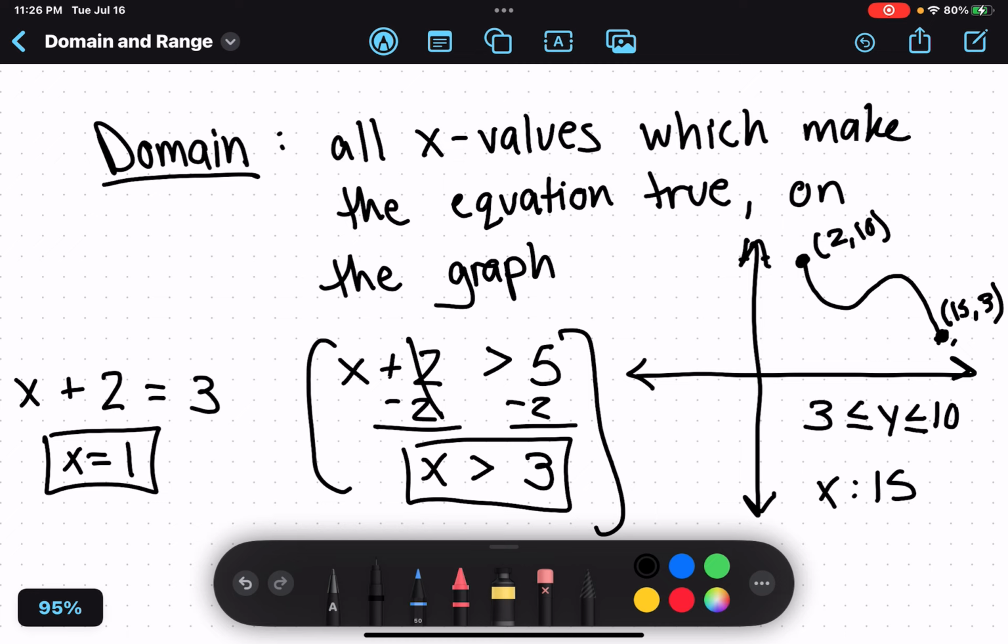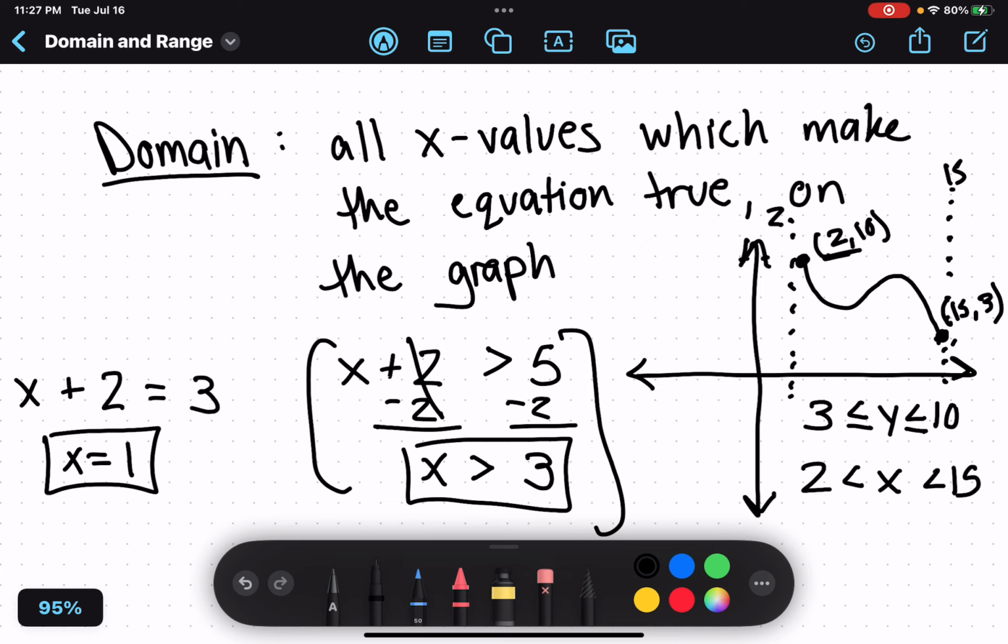Now, we know x, the highest it could go is 15. What's the lowest that it could go? 2. So, x has to be less than 15, but it has to be greater than 2.